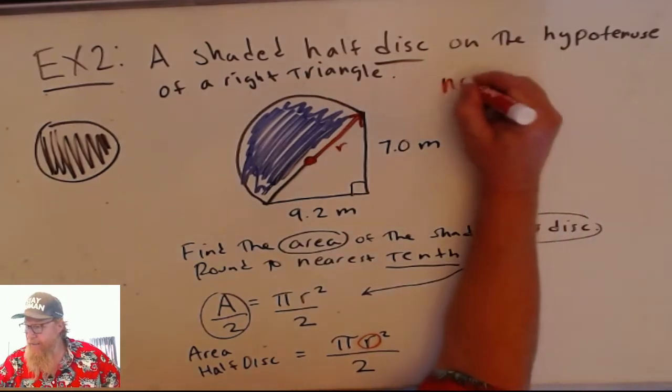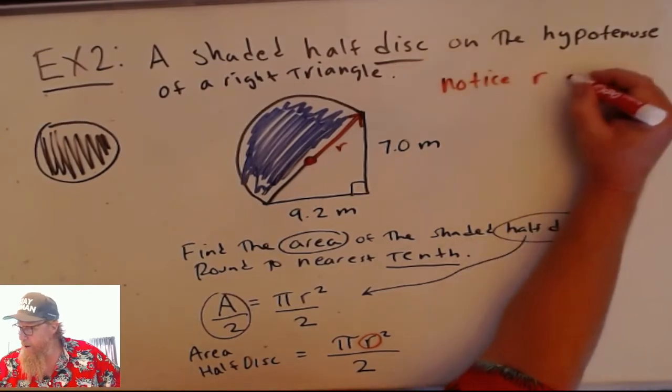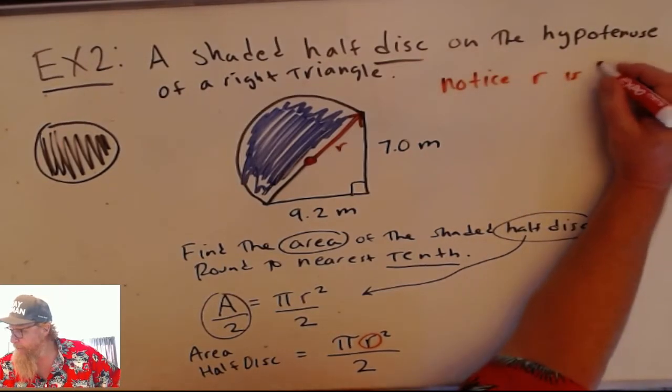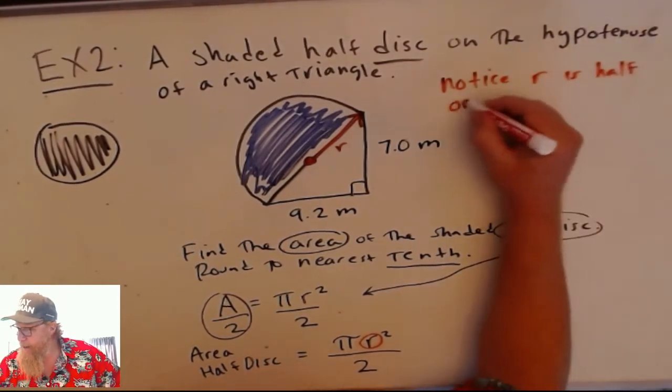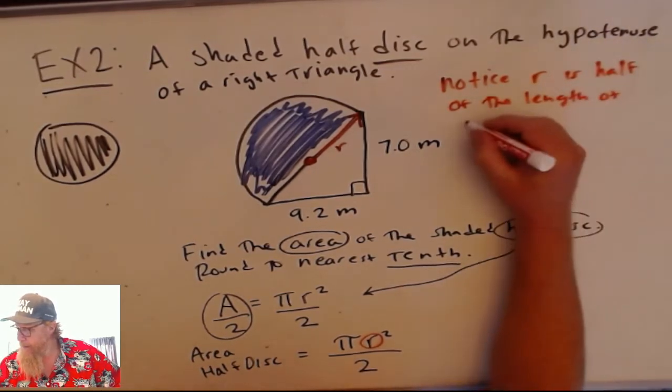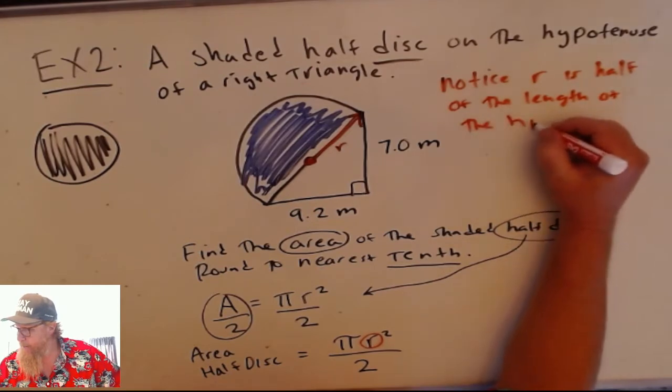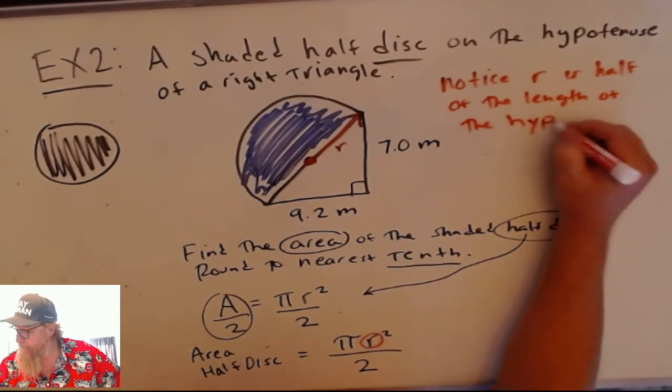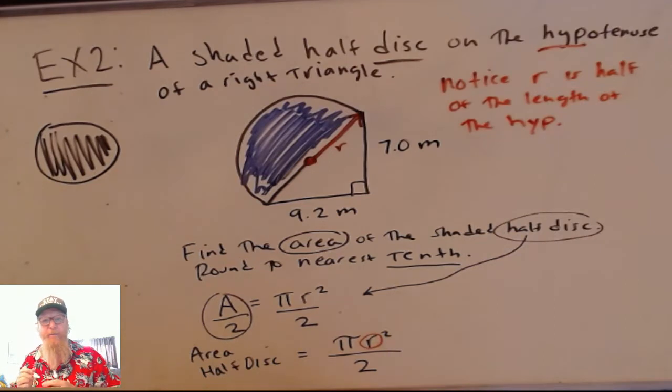So notice r is half of the length of the hypotenuse. I'm just going to say hype for short for hypotenuse.